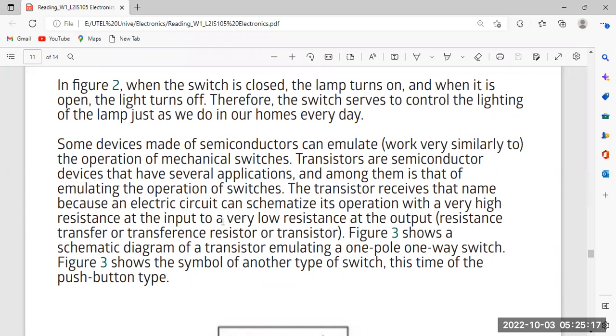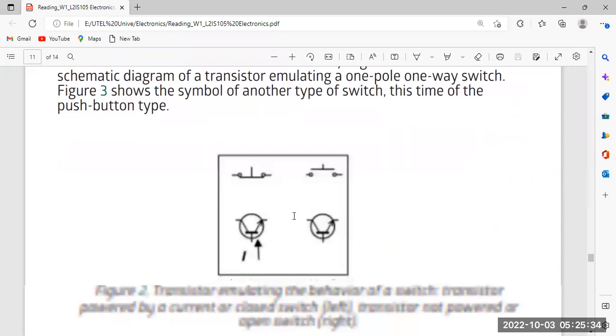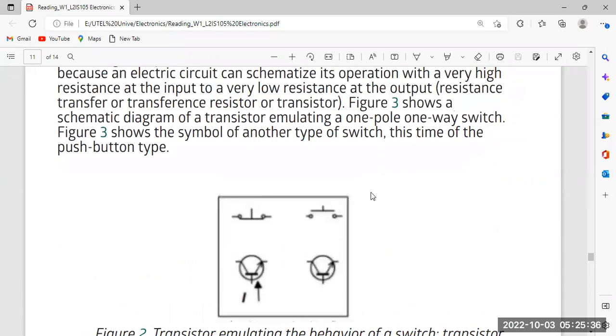The transistor receives its name because an electric circuit can schematize its operation with a very high transfer resistor, or transistor. Figure 3 shows a schematic diagram of a transistor emulating a one-pole, one-way switch. For example, this is a closed switch and this is an open switch.